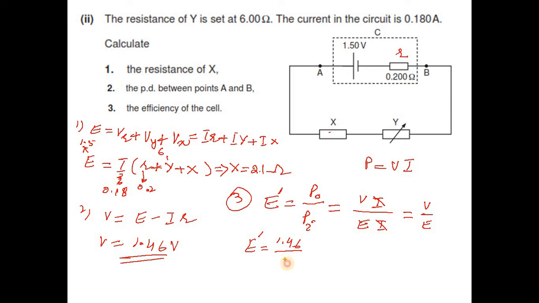So this is 1.5, and the number that you get here is 0.97. If you multiply by 100, so it will be 97, around 97% something. You can check your numbers.